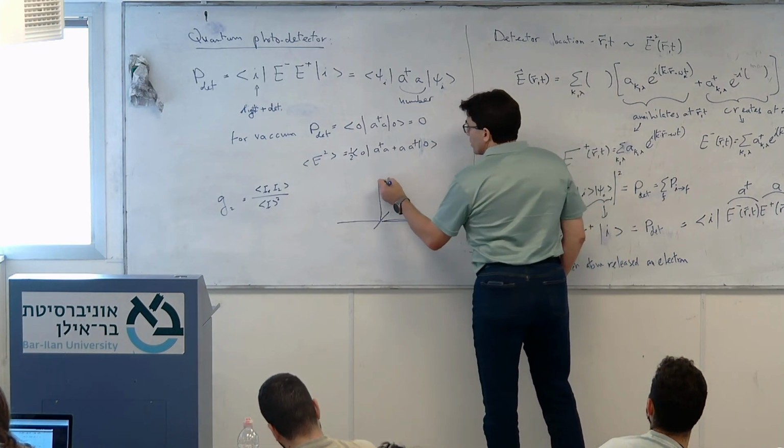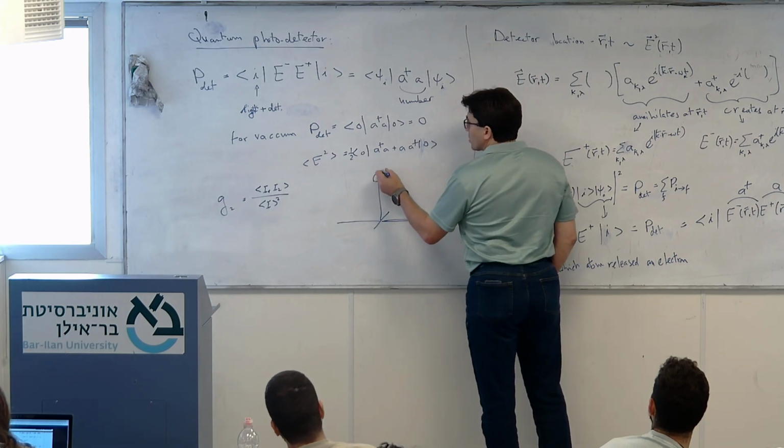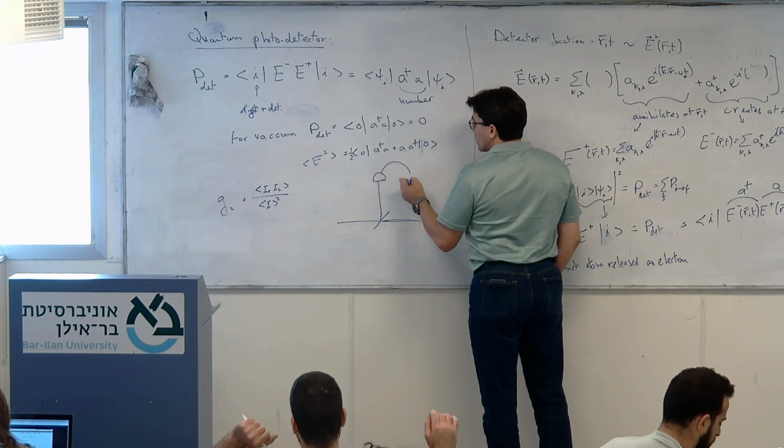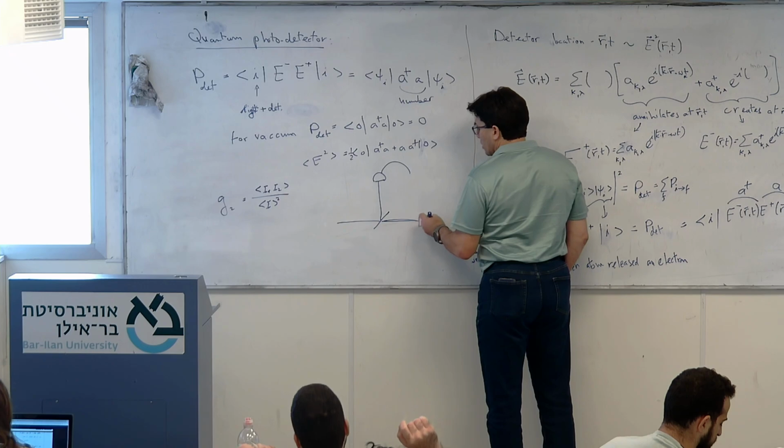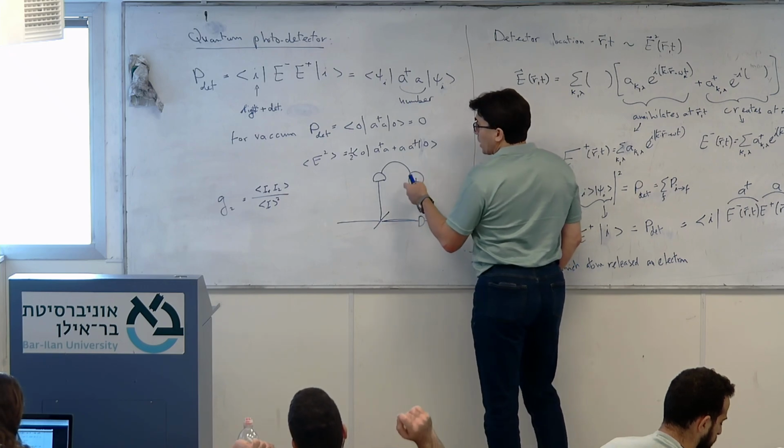And that was the situation where we had here a detector that clicked, and here a detector that clicked, and we multiplied them.